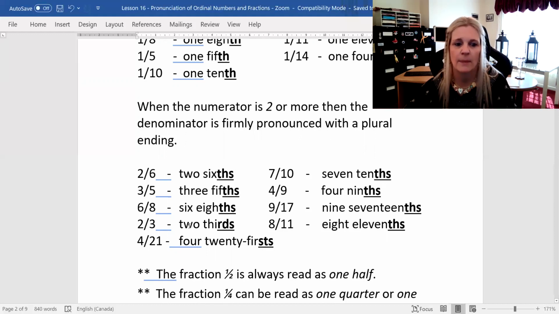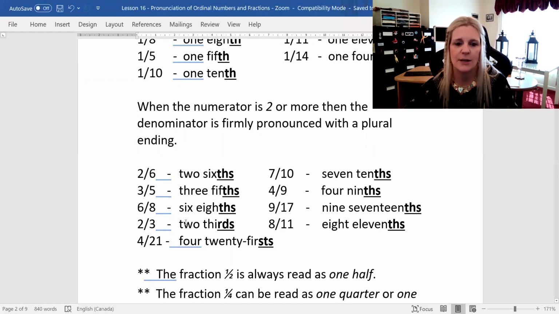2/6. 3/5. 6/8. So you see how I just do a little S. That's all you have to do. Easy. 2/3.